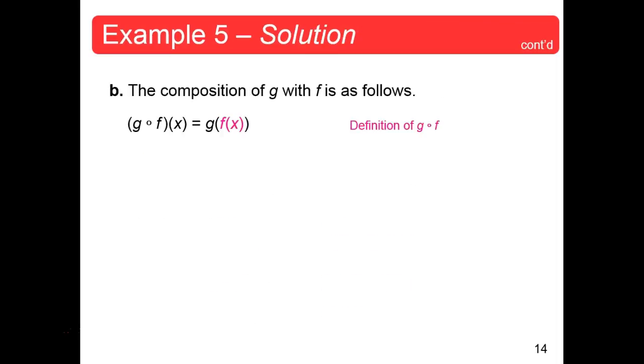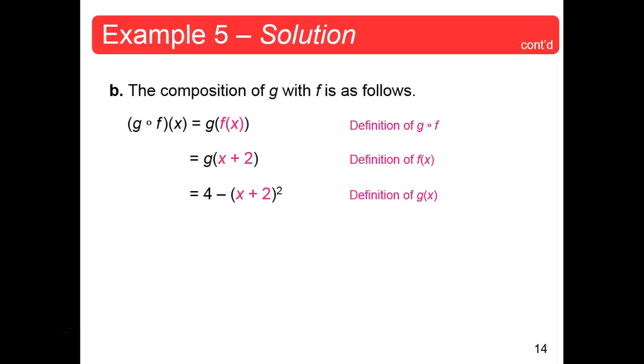Okay. Now, composition of g with f, g composed with f of x, the definition is g of f of x. So write it that way. I think that's usually the best way to start. And then we will plug in what f of x is, g of x plus 2. And then the g function says, start with 4, subtract that thing squared.